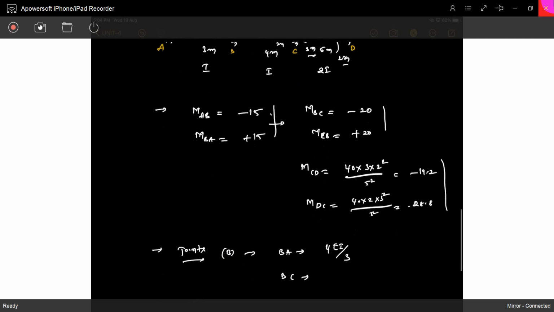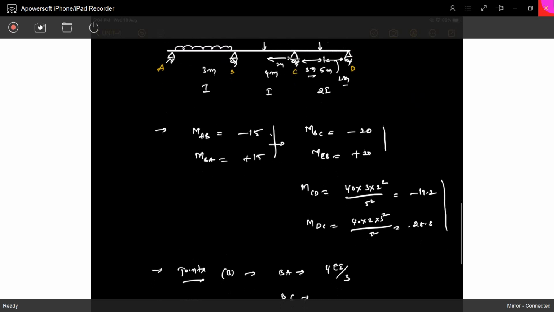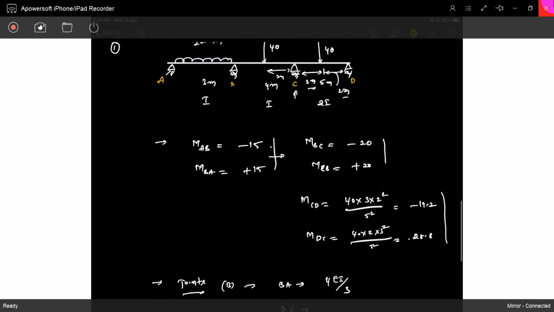So BC is again I, and C you may assume is a hinge joint, but no, it is an intermediate support. An intermediate support behaves as a rigid joint.